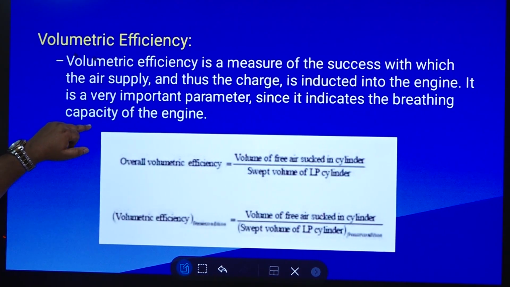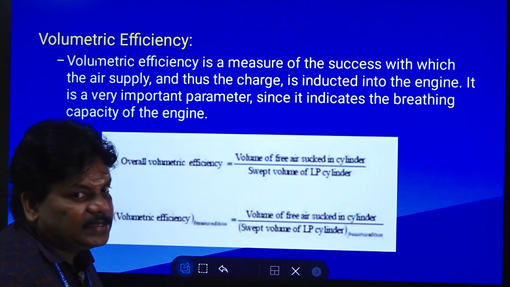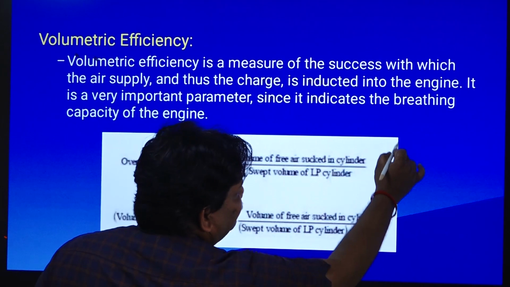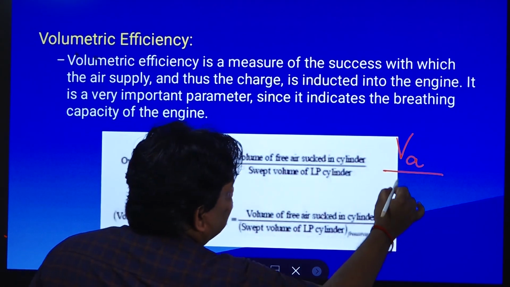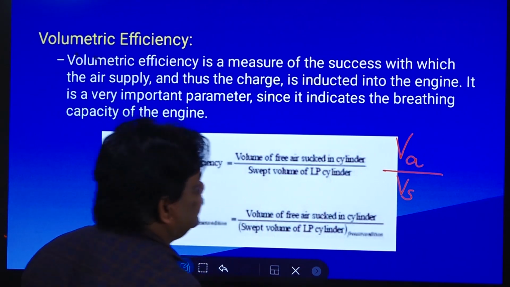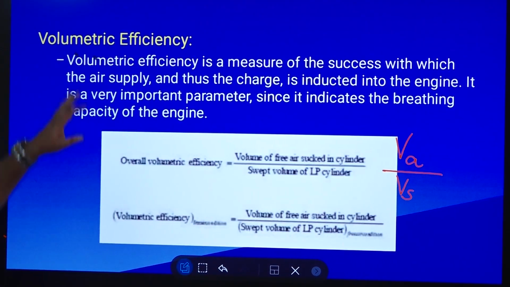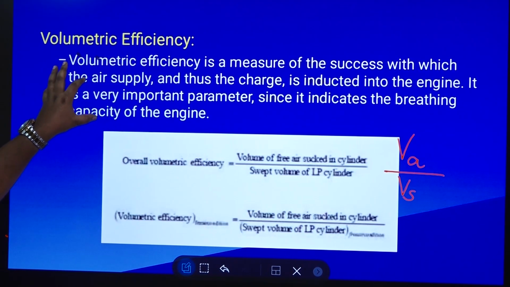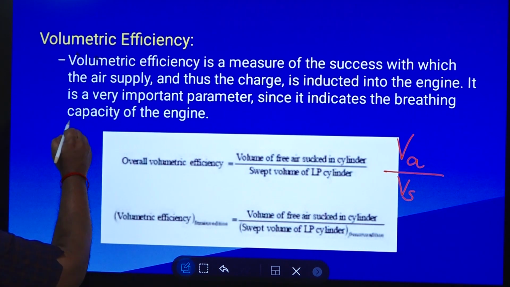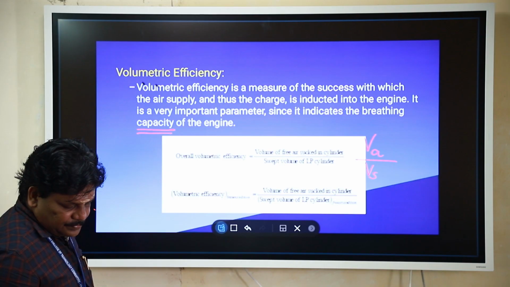Volumetric efficiency is nothing but the ratio between the volume of free air sucked in, that is Va, and the swept volume of the cylinder, that is Vs. So volumetric efficiency is one of the important terms based on the capacity of the engine, because it indicates the breathing capacity of the engine, right?